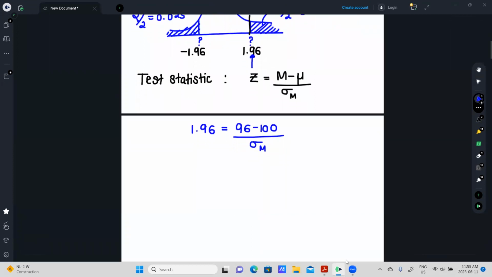So I'm going to cross multiply, taking this to this side. My sigma M is equal to 96 minus 100, which is negative 4, divided by 1.96.